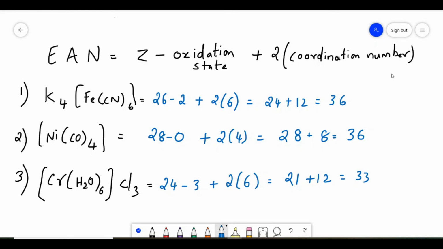That is, helium is 2, neon is 10, argon is 18, and krypton's atomic number is 36. So this is nearly equal to 36. Whichever complexes have an atomic number equal to 36 are said to be more stable when compared to those which are not exactly equal to 36. They are also stable, but compared to these three examples, this is a little bit less stable.